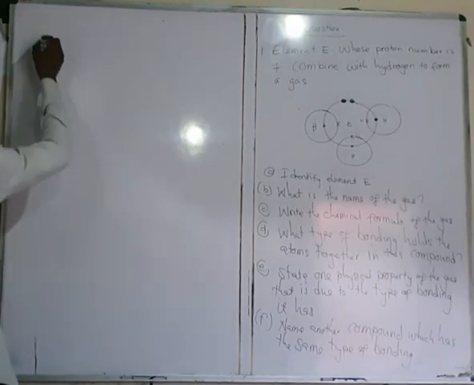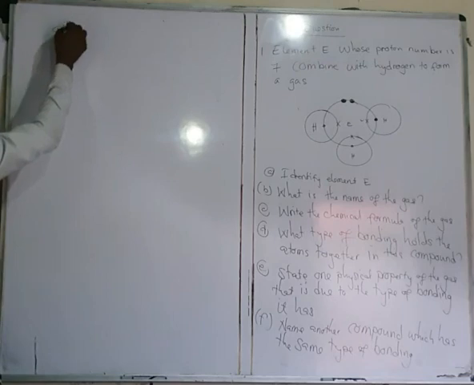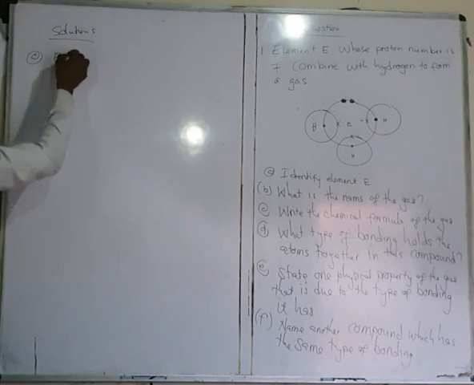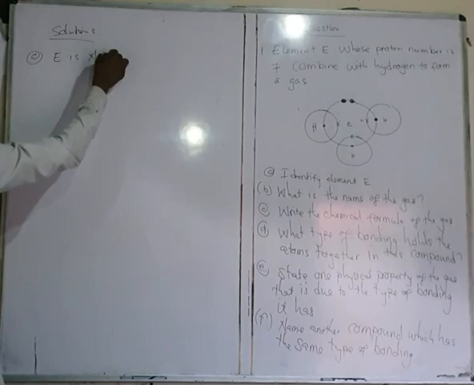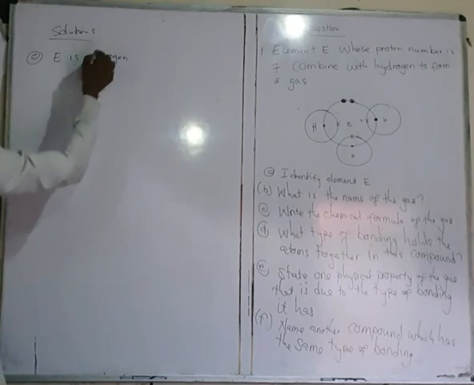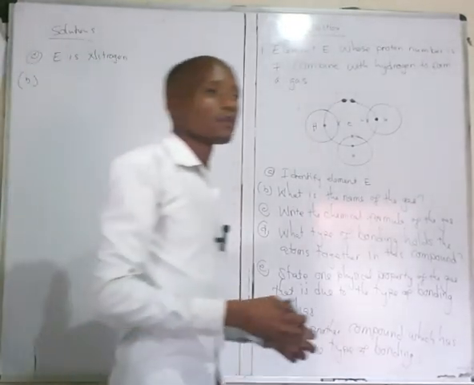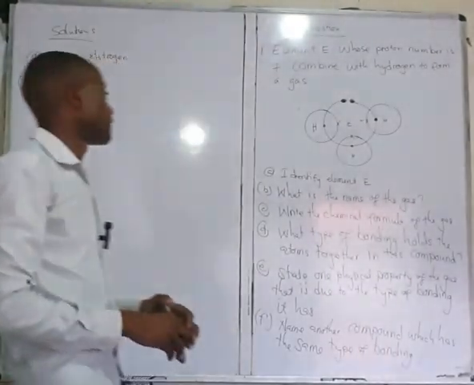Nitrogen. Good. So A is nitrogen. Element E is nitrogen, the element with the proton number 7.